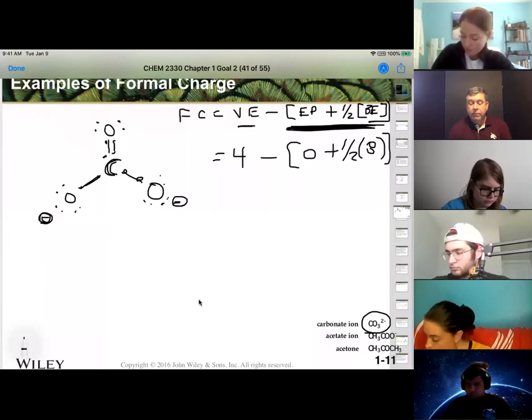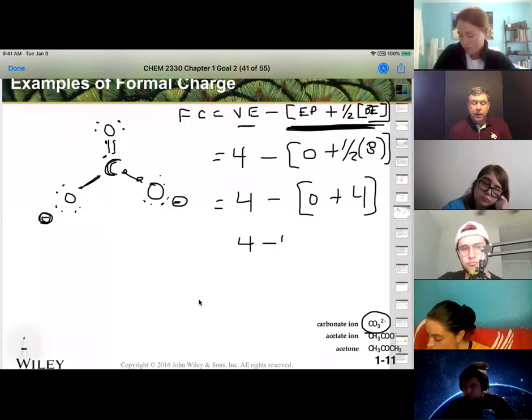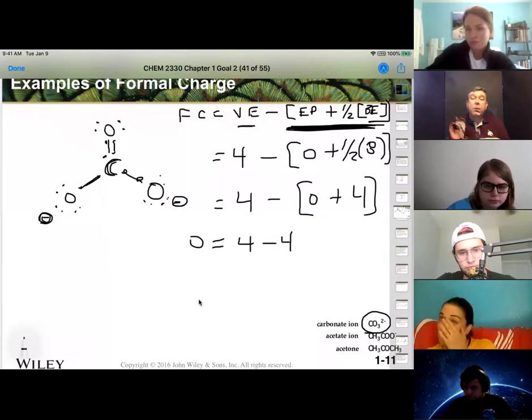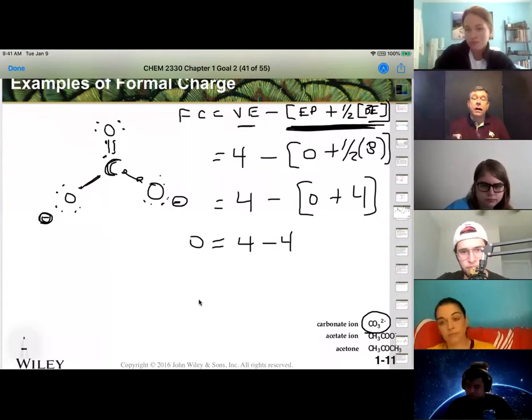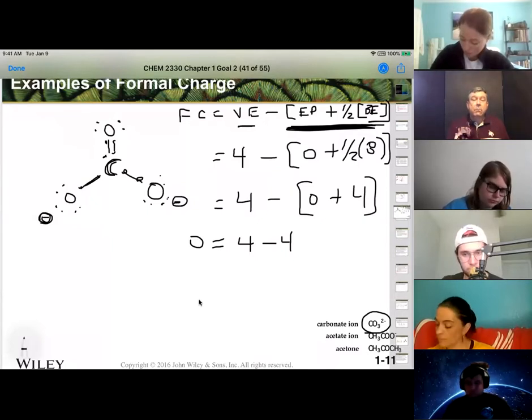So 1/2 of 8 is equal to 4, plus 0 inside the brackets, minus 4, and so 4 minus 4 is equal to 0. That means the formal charge on carbon in this carbonate ion is 0. The entire ion has 2 negative charges, but carbon itself has 0 formal charge.